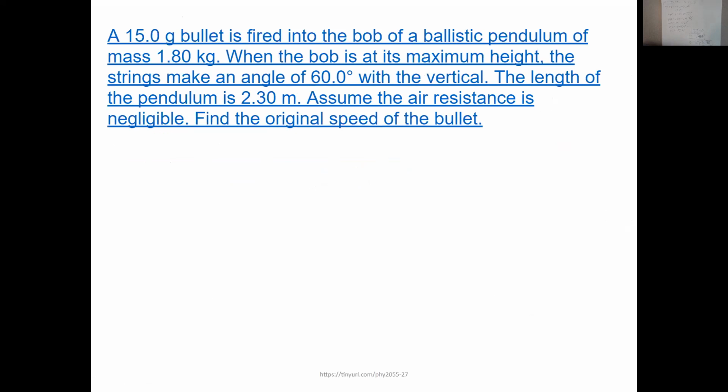One is upon the collision, and then one is after the collision. Okay, so you apply conservation of momentum before and after the collision, and then you can also apply conservation of mechanical energy right after the collision, to the final position when the bob reaches the maximum height. Okay, so I will have you guys have a try, and then we can take a look at the solution together in a few minutes. Okay.